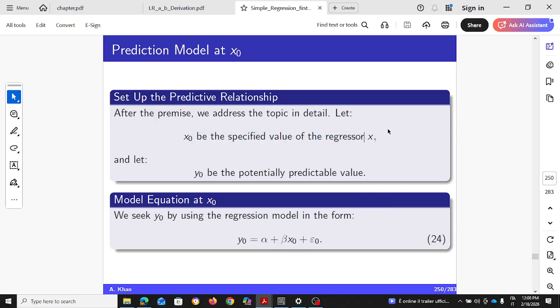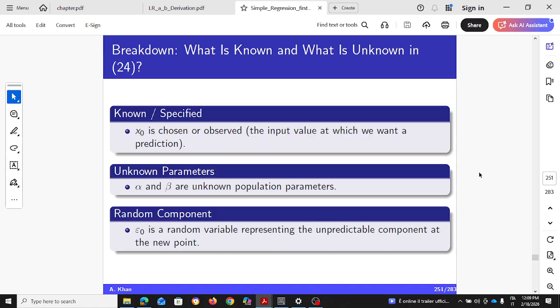Our regressors are the observed values, and this should give us y naught as a predicted output value for this new value x naught. What we do is build our linear regression model, and in place of x we put the new value, x naught.